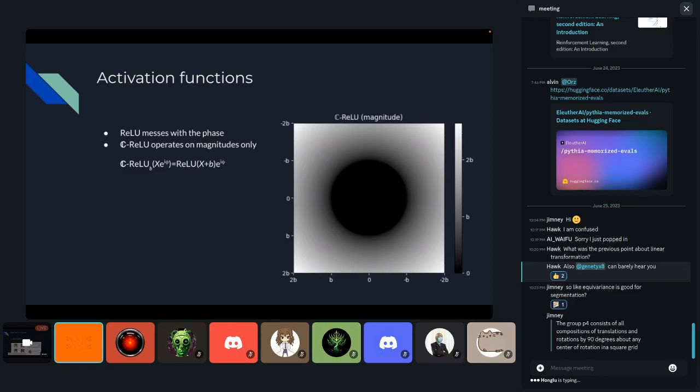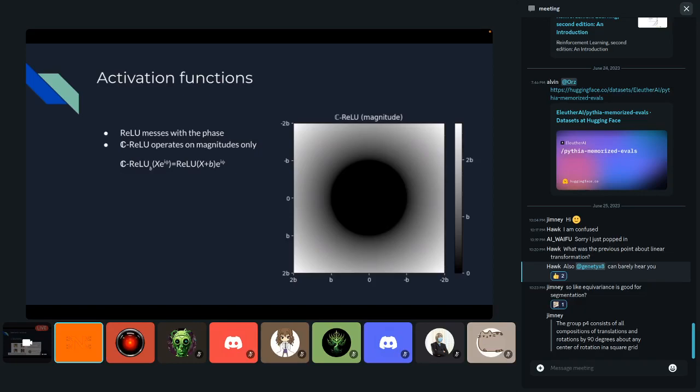Another thing they do is after taking the convolution, they have to do an activation. So the linear transformation part is done. Now comes the activation. And if they just took the ReLU on the real and imaginary parts of a complex number, they would not get the same rotation equivariance properties they did before.